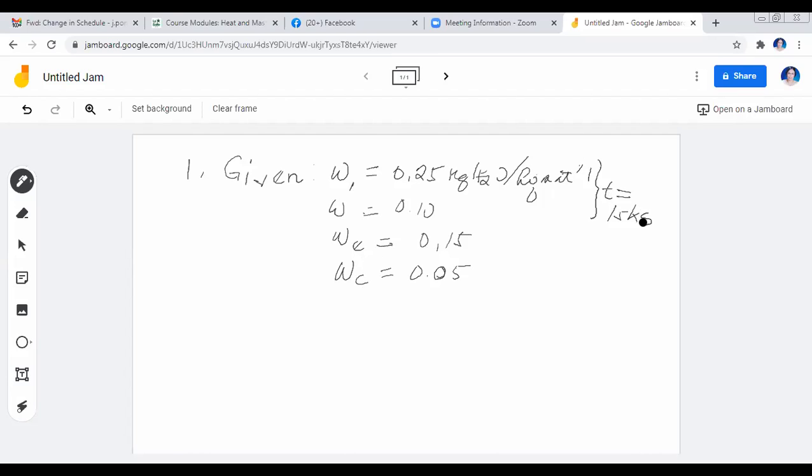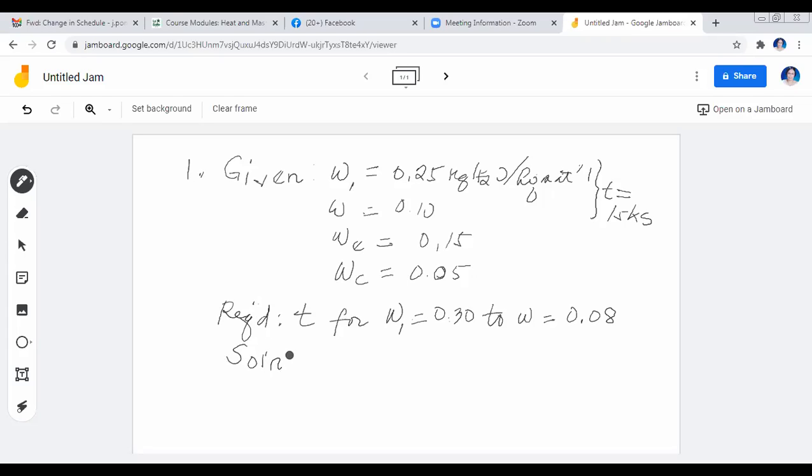Now, in terms of determining the total drying time, you are asked here to find the T, the total drying time for an initial moisture content of 0.30 to a final moisture content of 0.08.